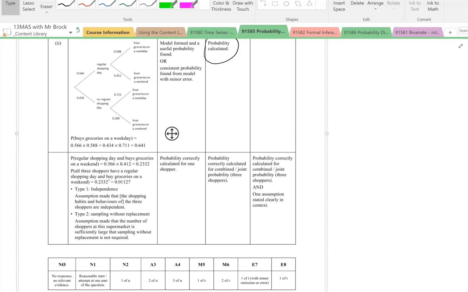Merit was if you got the correct probability, but not the assumption, or if the assumption wasn't clear. And achieved if you just got one correct probability for one shopper. And you can see the model answers they've got there. They're the same ones that we came up with.